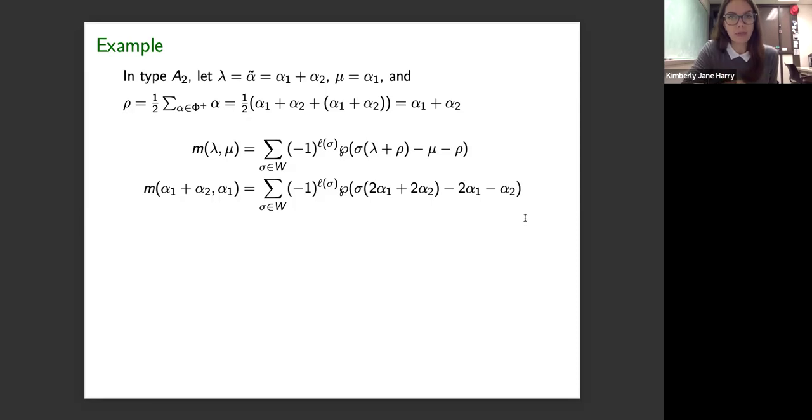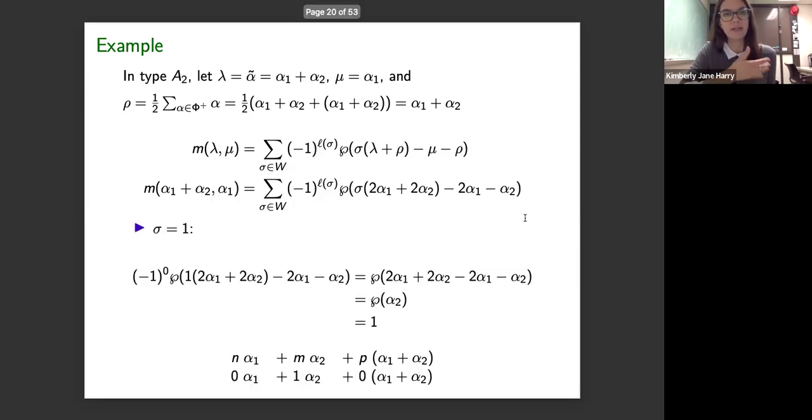If I want to compute this, I have to look at elements in the Weyl group. So let's look at just the first one, the identity. If you plug the identity in, notice when I look at the length, how many S's do I have in my sigma? I have none. So the length of this sigma is going to be 0. And then I plug in 1.